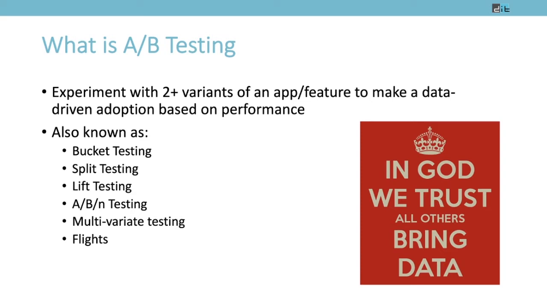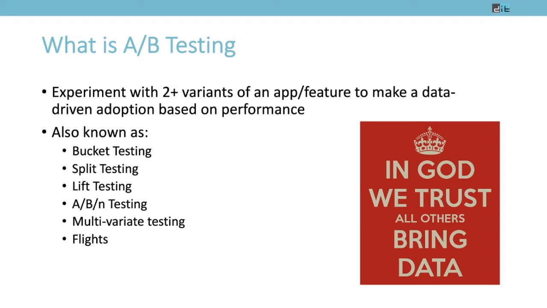A/B testing is not a new idea, especially in software engineering, and you may have heard it with various different names, such as bucket testing, split testing, A/B/N testing. This is essentially the case where we'll be testing more than two variants, whereas A/B typically refers to two versions of a feature or an app.